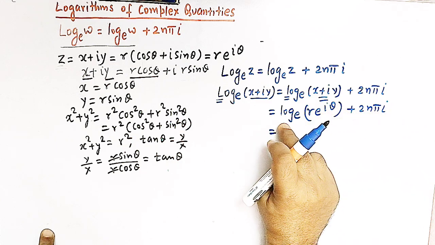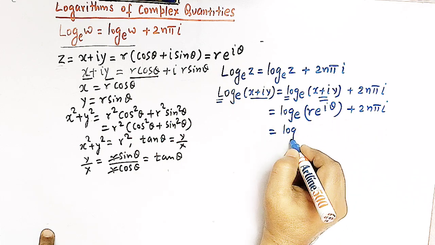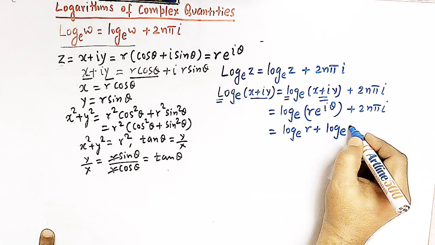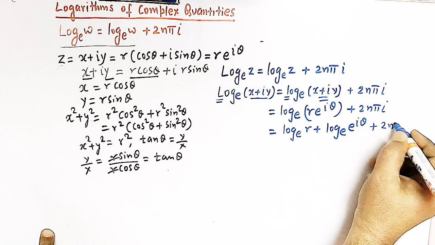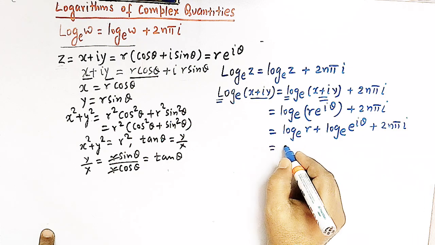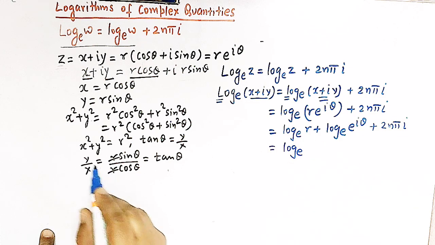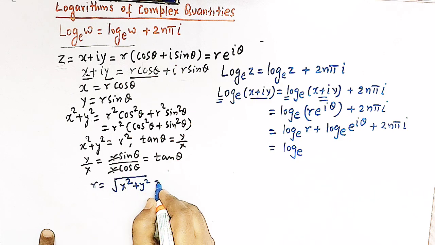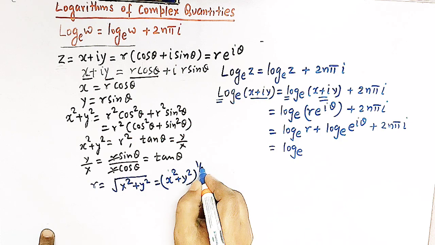Now using the laws of logarithms, here we can now write log of r plus log of e raised to iota theta, plus 2n pi i. So now we have r given by square root of x square plus y square, that is x square plus y square raised to half.